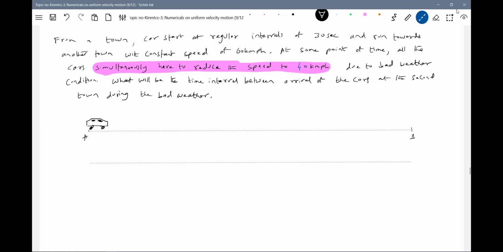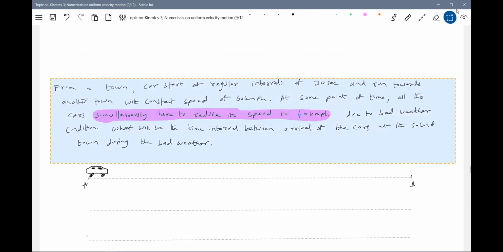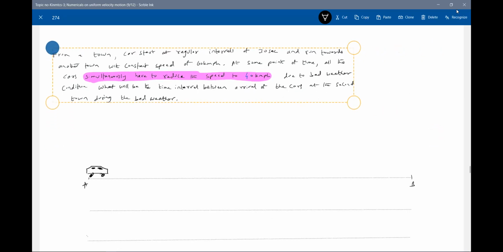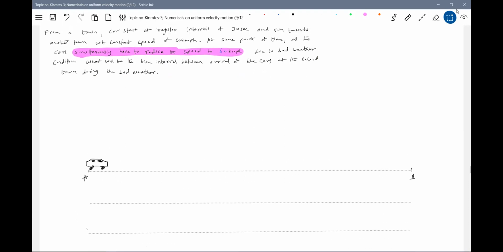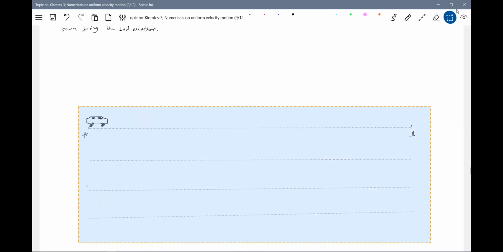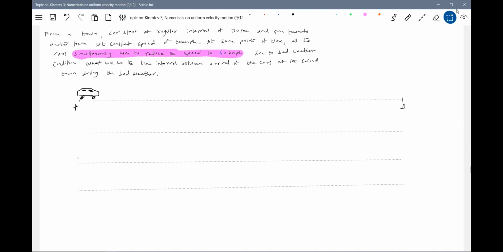I need some set of diagrams. I will decrease this so that we'll get enough space. Now you are able to see things clearly. A and B. Now there's the first car, we'll give it number 1. Then what about the second car?